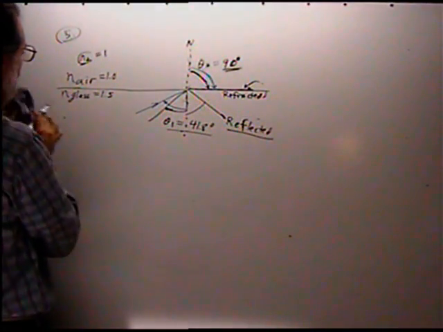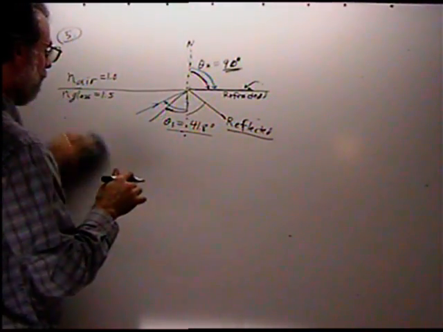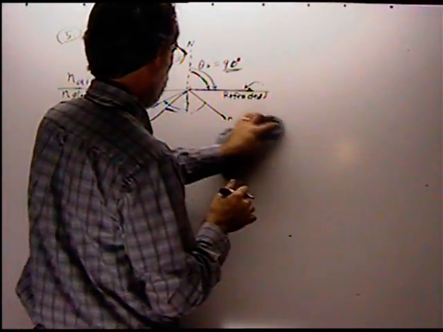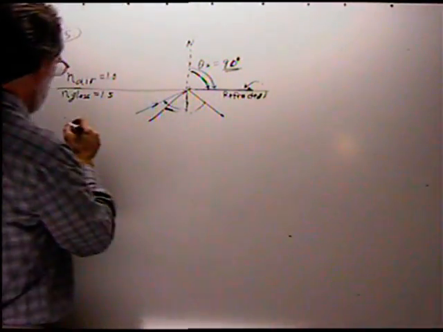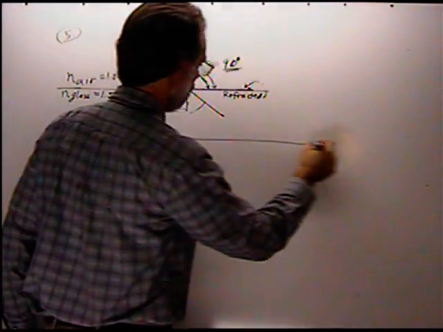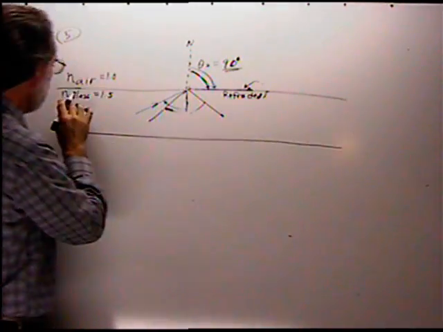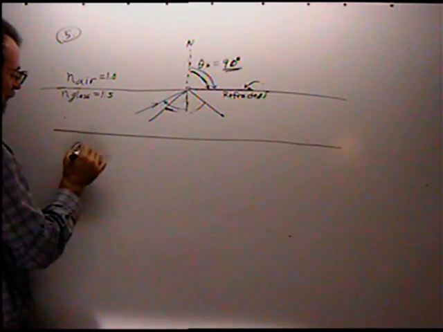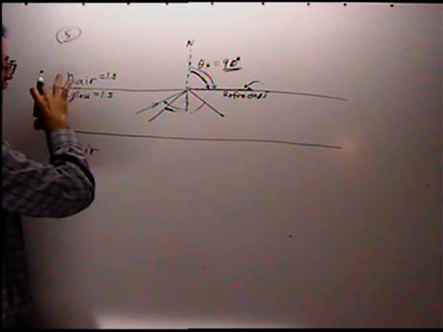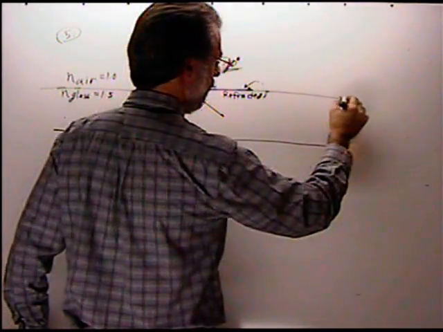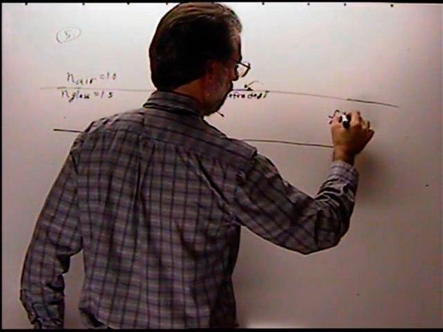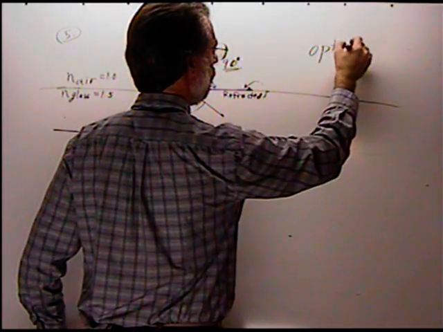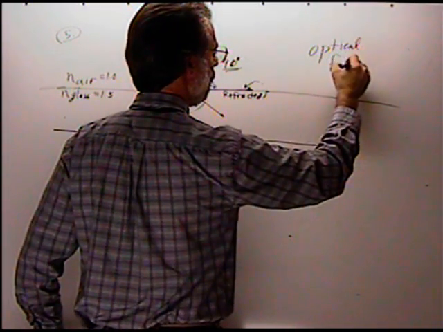This is glass and this is air, but now I'm going to put another boundary right over here. So this is glass, this is air, this is glass, but this is back to air again. This is kind of like a fiber optic, or what we call an optical fiber.